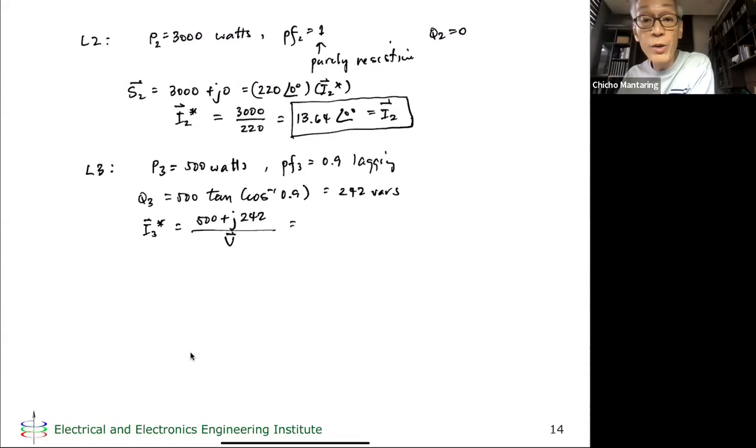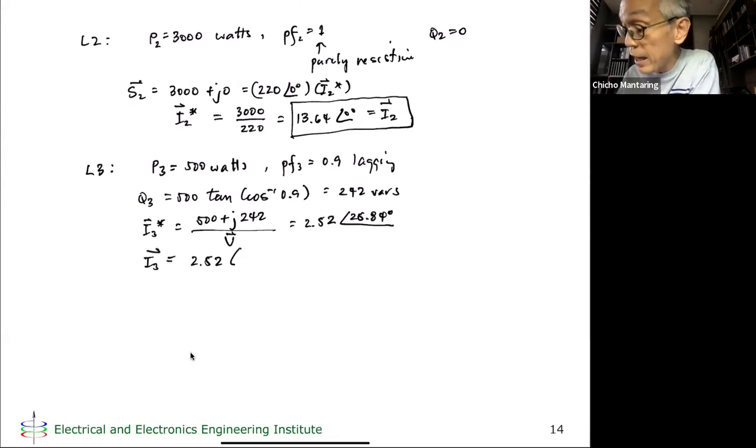So I get I3 conjugate is 2.52 at an angle of 25.84 degrees. That will give me I3 is 2.52 at an angle negative 25.84 degrees. Don't forget that this is in amperes.